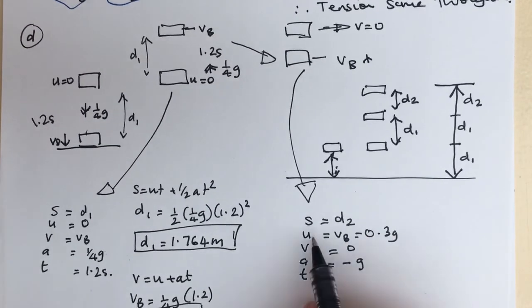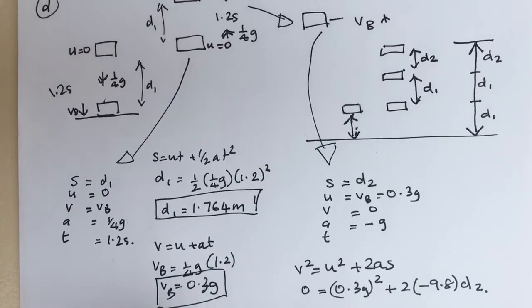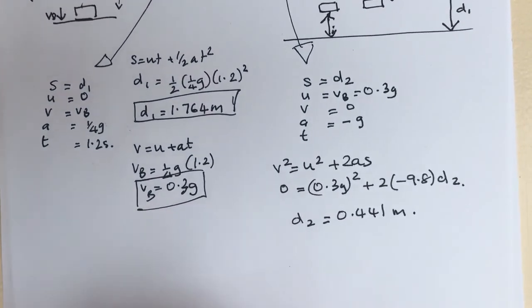I want the one without t in it, so I'm going to use v squared is equal to u squared plus 2as. So 0 is equal to 0.3g all squared plus 2 times minus 9.8 times D2. So D2 is equal to 0.441 metres.